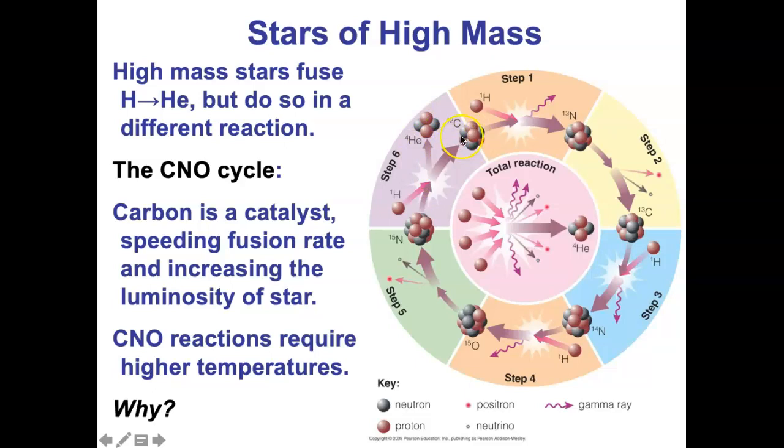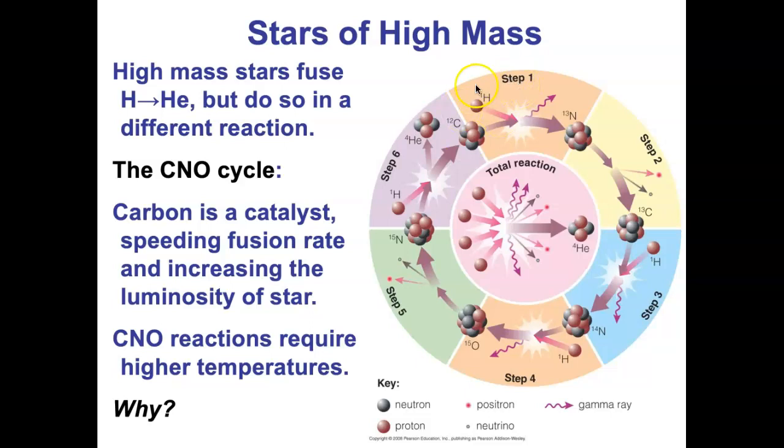So this is a hydrogen fusion reaction, and just like the proton-proton chain, you take four hydrogens, you fuse them together, and you produce a helium. But the carbon, the nitrogen, and the oxygen act as catalysts that the hydrogens slam onto to help the hydrogen fusion go faster.